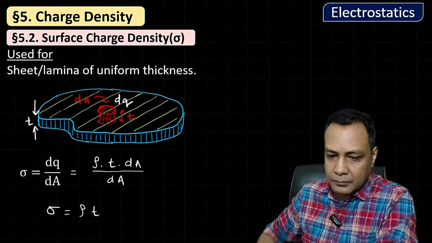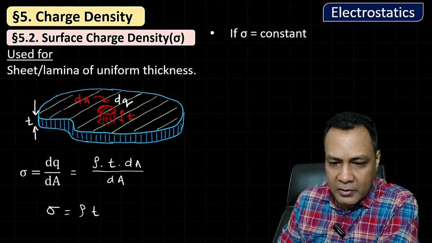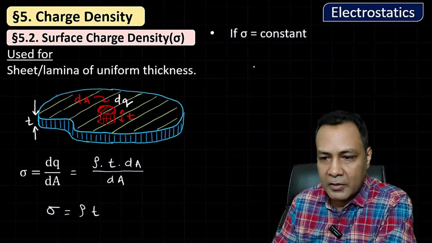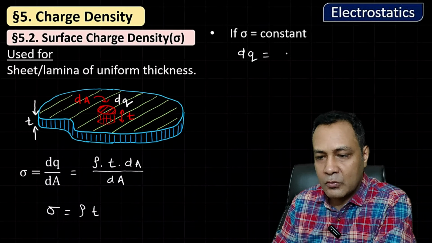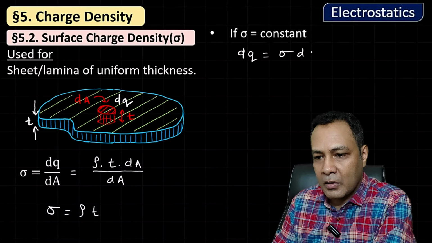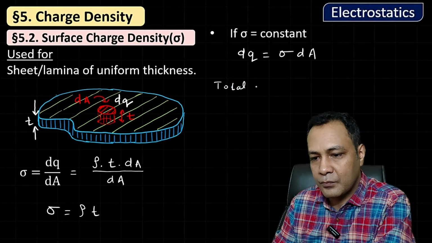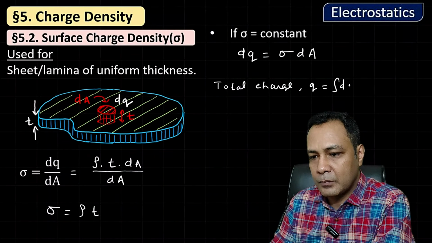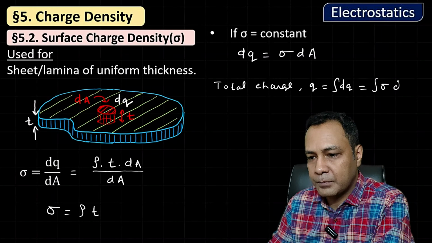So now if sigma is a constant, and I want to write the total charge, I can write this dq is equal to sigma dA, and to get the total charge, q is the integration of dq, and the integration of dq is sigma dA.